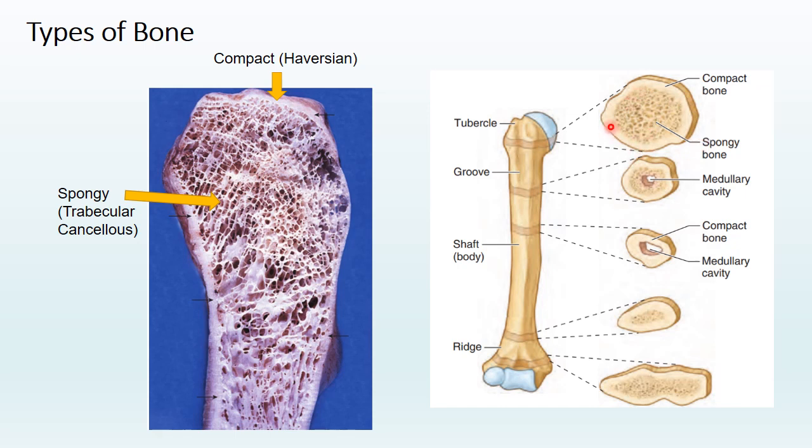However, we have a consistent pattern: the compact bone is on the outer aspect, while the spongy or cancellous bone is found in the middle. However, the spongy bone is usually found in the extremities of the bone, نهايات العظم, while in the middle of the bone there is a cavity which is devoid of cancellous bone.